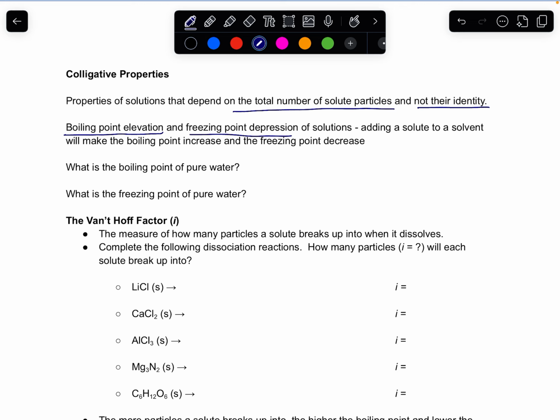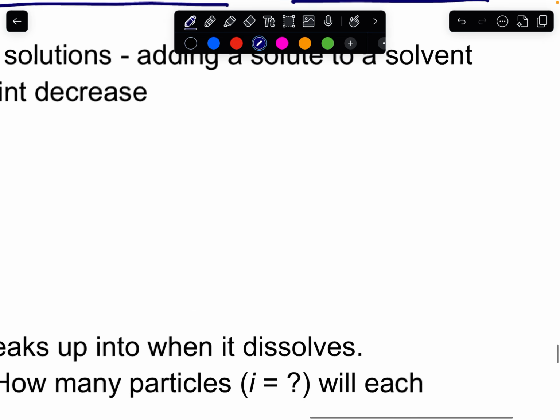So, for example, let's take a look at water. Water is our universal solvent. We use that most often in chemistry to dissolve things. The boiling point of pure water, if you don't recall, is 100 degrees Celsius. The freezing point is 0 degrees Celsius.